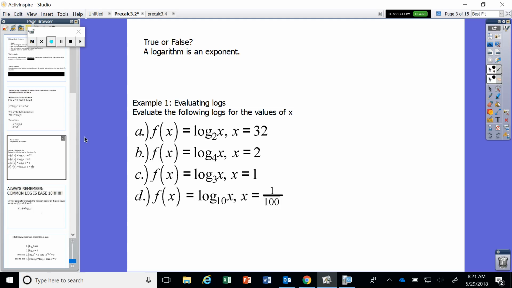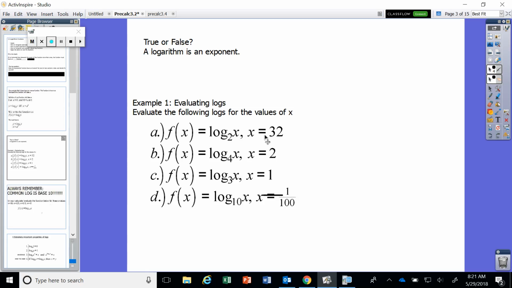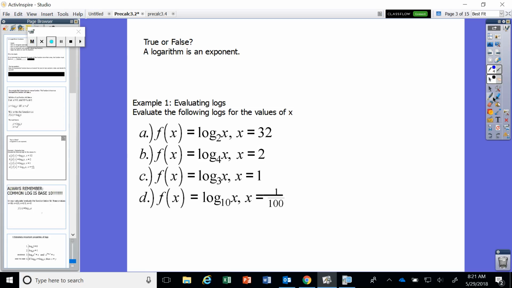All right? So let's think about this for a sec. Our first one. f of x is equal to 2 to the x. And we are evaluating for x being 32. So what this is asking is, f of x is equal to log base 2 of 32.